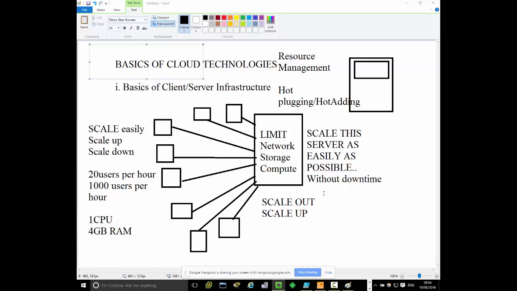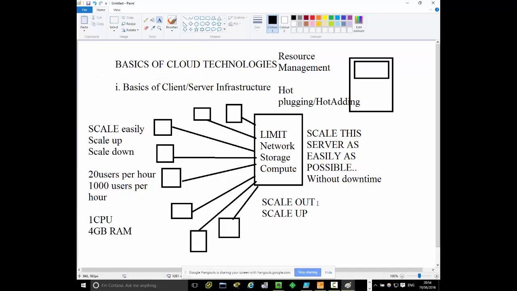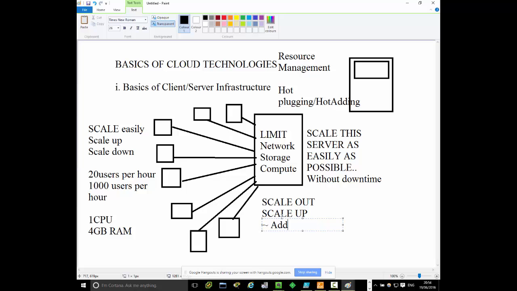Scale up is whenever a single request demands more memory or more processing power to complete, then you add more memory or more processing power to the server. So scale up is basically just adding more resources to a single server.